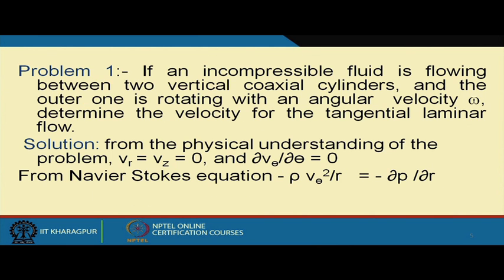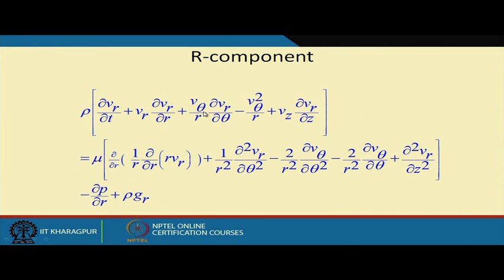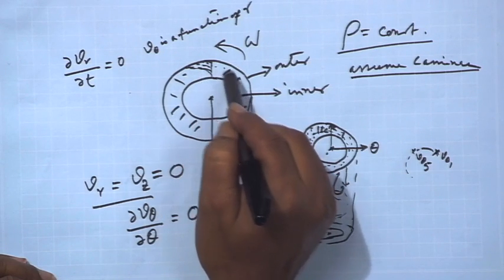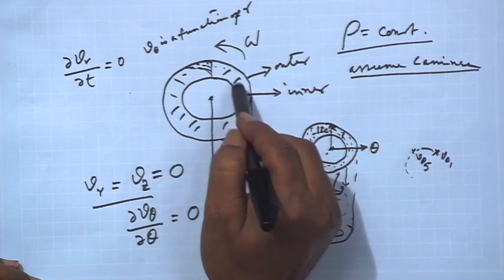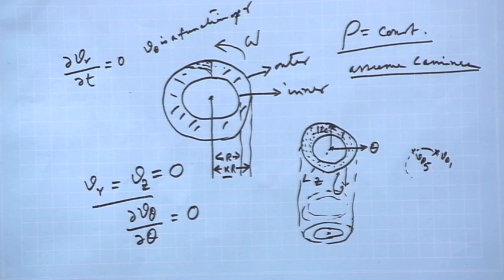So that is why we can say rho V theta square by r, del V r del theta. If there had been any V r component with the theta direction, a change in V r with theta, that is not there either.